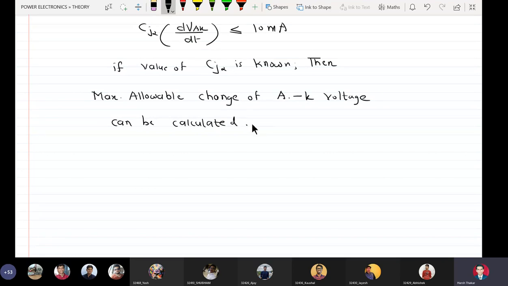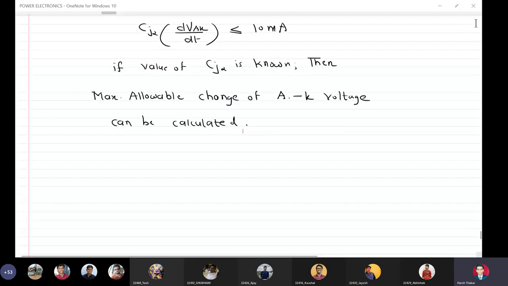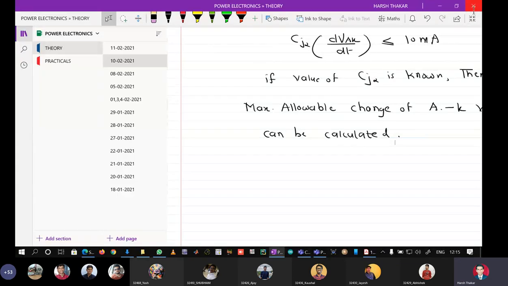Okay, so we will discuss something about snubbers and some numericals which are asked in university based on these mathematical formulas.